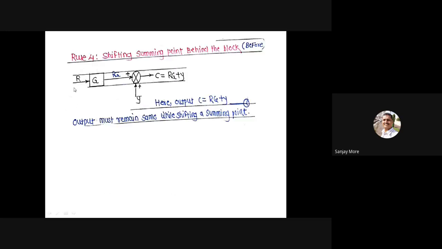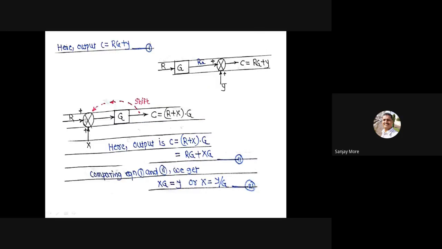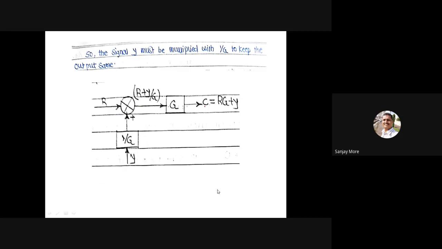See the diagram. The output is equal to R plus X into G, so C is equal to RG plus XG. Equation 2. Equation 1, C is equal to RG plus Y. Comparing equations 1 and 2, XG is equal to Y, or X is equal to Y divided by G. So the signal Y must be multiplied with 1 divided by G to keep the output the same.